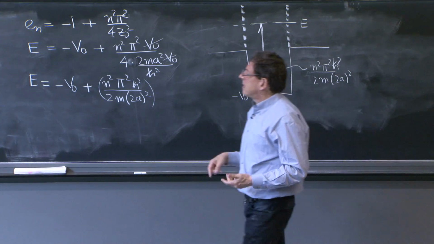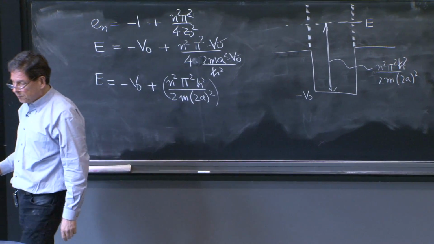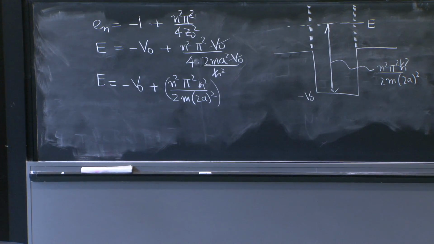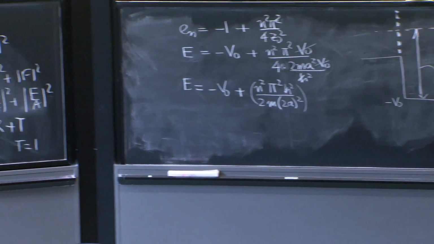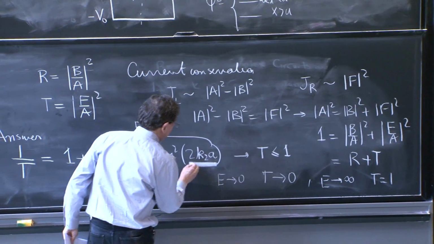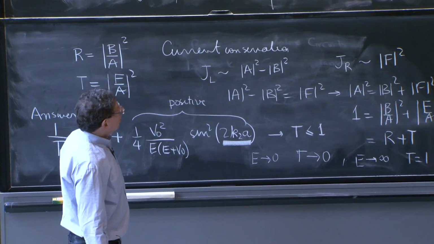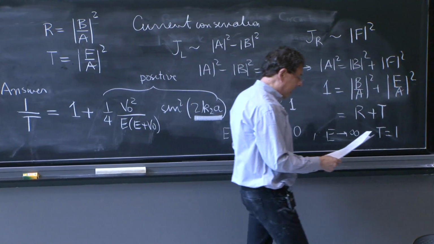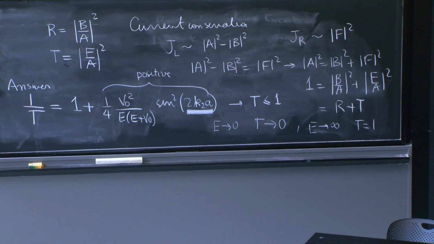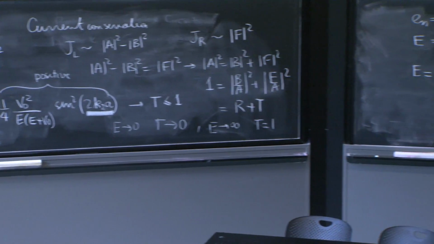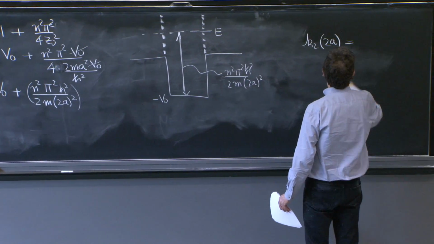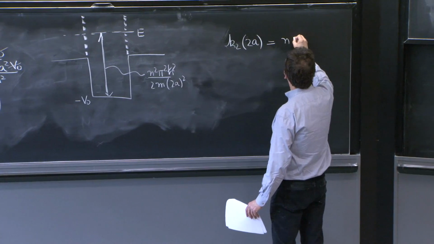And in fact, if we think about this from the viewpoint of the wave function, look at this property over here. What do we have? The condition was that k2 times 2a, the argument of the sine function, would be a multiple of pi.